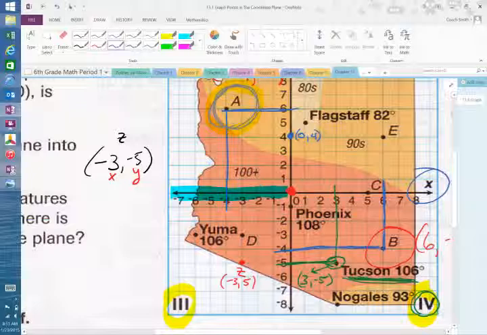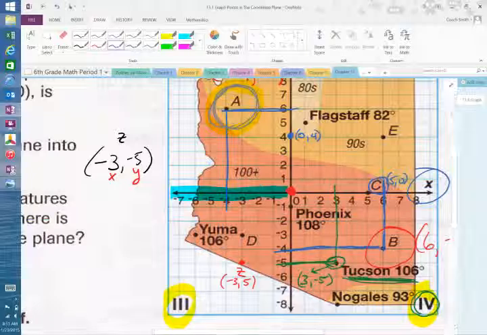So then what would be the coordinates of C? Jonah? Yes, it would be 5, 0. Because where does it cross the x-axis? Well, it sits on the x-axis.